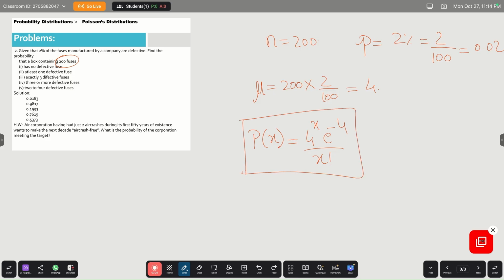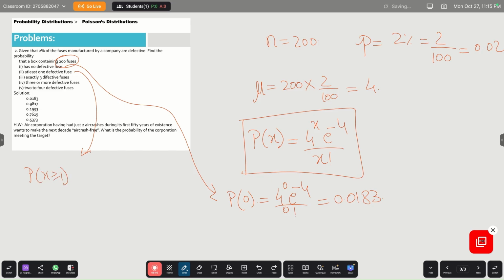So you can take the questions one by one now. Has no defective fuse. No defective means x value is 0 because x represents the number of defective fuses. So P of 0 is 4 power 0 e power minus 4 divided by 0 factorial, which is approximately 0.0183. And at least one defective. What is at least one defective? At least one means probability that x is greater than or equal to 1.